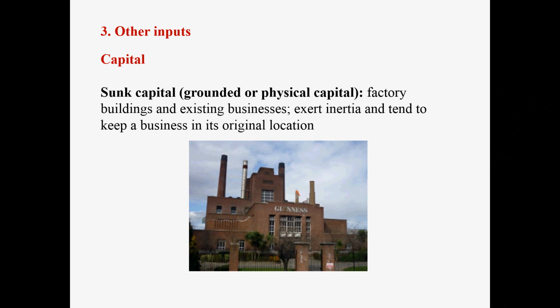If you move the factory away to a different place, you will lose those business connections. Therefore, as soon as a factory facility is on the ground, it tends to remain there. It has strong inertia because moving it to a different place costs a lot of money.